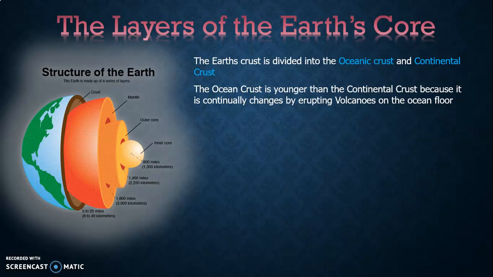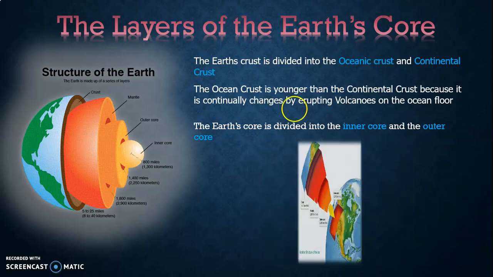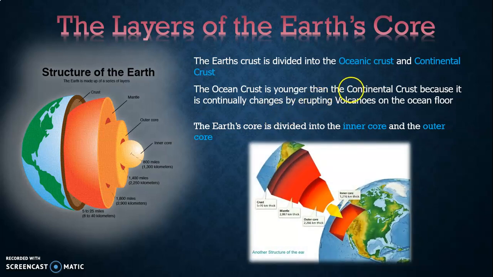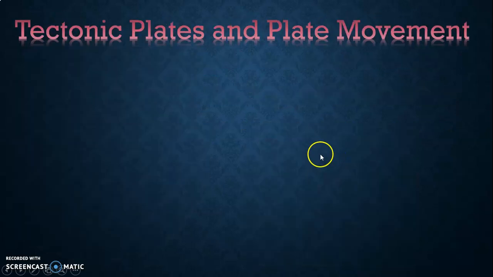So these volcanoes occur in the ocean. The Earth's core is divided into the inner core and outer core that you can see on the picture. And with this cross section, you can see this chunk of the Earth's been cut out, and you can see the crust where we live, the mantle, the outer core, and the inner core.